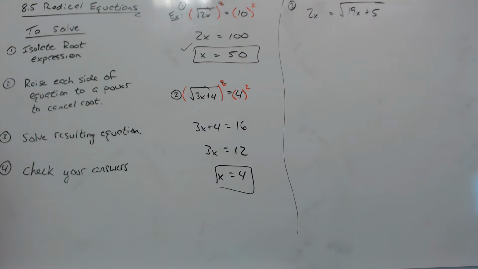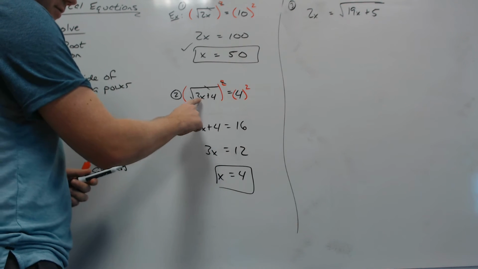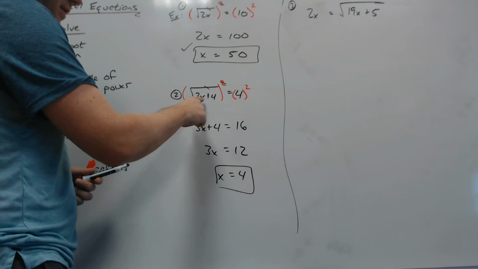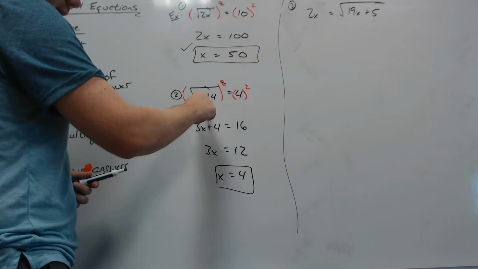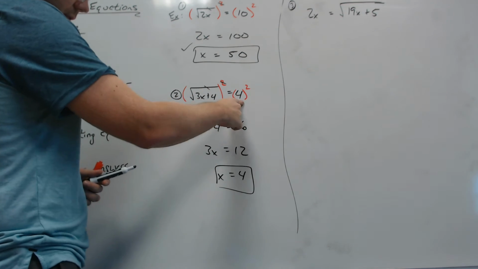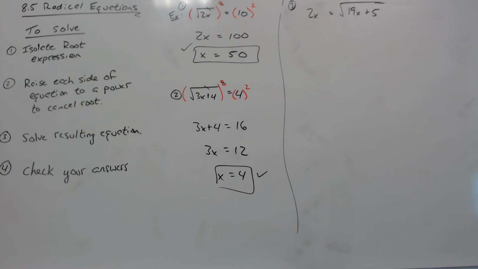So we've got an answer of 4, and again, we can double check pretty quickly. Plug in 4. 3 times 4 is 12. 12 plus 4 is 16. Square root of 16 is 4. So that checks out. Nothing funky happened yet.